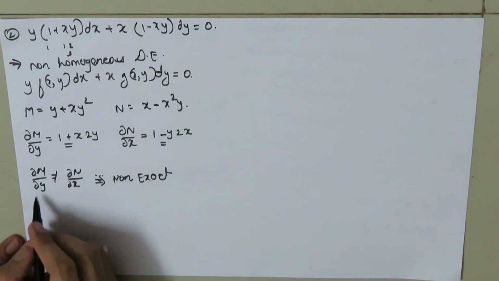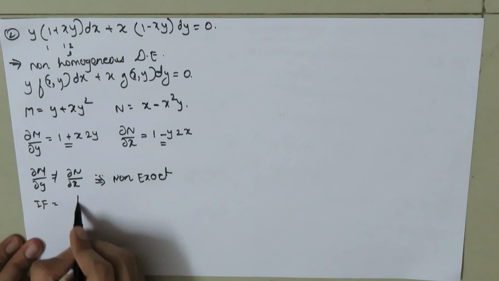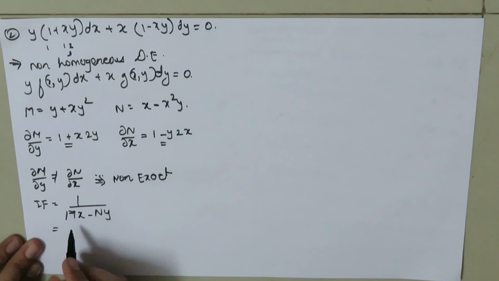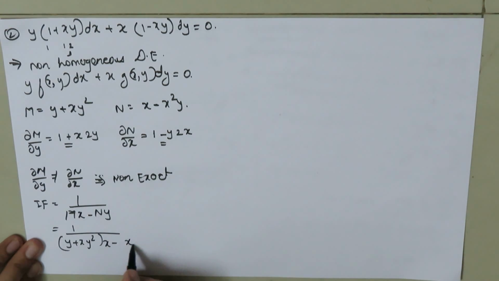And the integrating factor in this case will be equal to 1 upon M times x minus N times y, which will be equal to 1 upon (y plus x y squared) times x minus (x minus x squared y) times y.